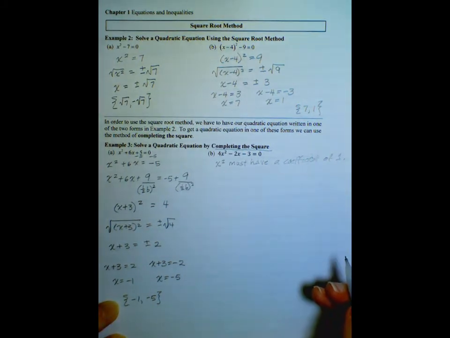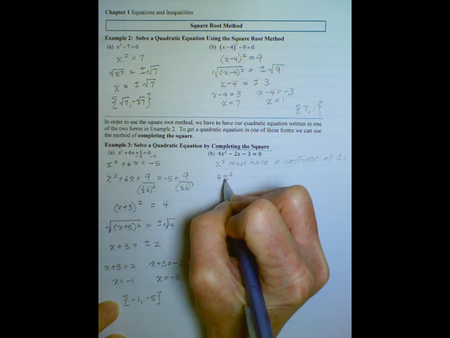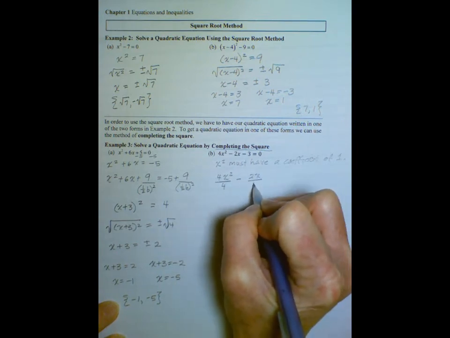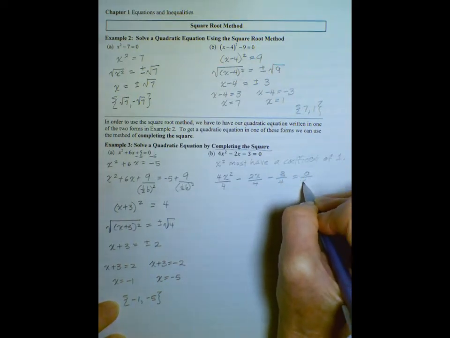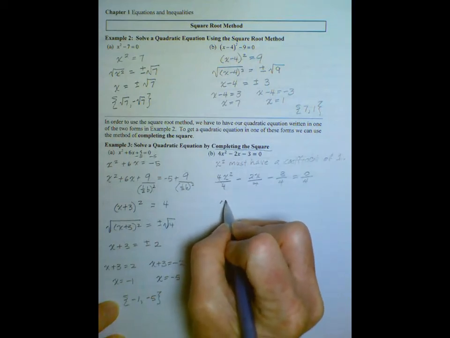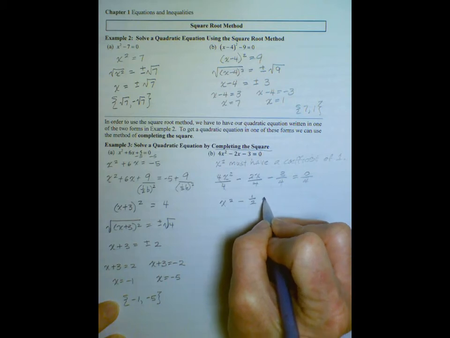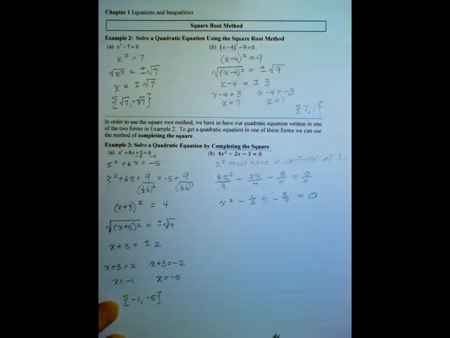How am I going to do that? Well, we'll divide every term in this equation by 4, because that will make the x squared have a coefficient of 1. That cancels. There's my x squared. 2/4 x, I'm going to write that as 1/2 x minus 3/4, and of course 0 divided by 4 is just 0.